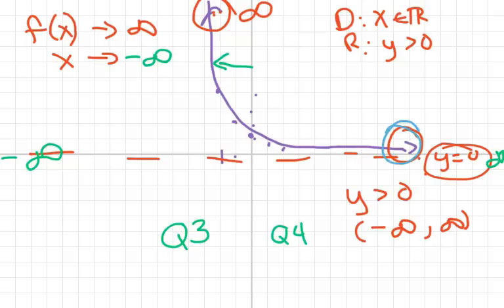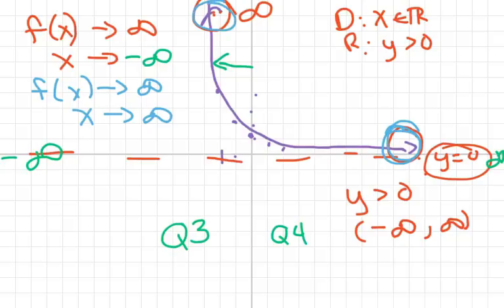As y approaches infinity here, x approaches infinity. So you're looking at both pieces here. All right? Now, the symmetry, there's no symmetry. So the function's neither even or odd, because there's no symmetry to the y-axis or to the origin.